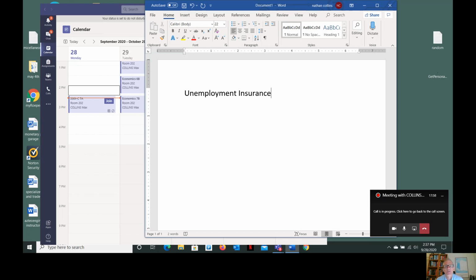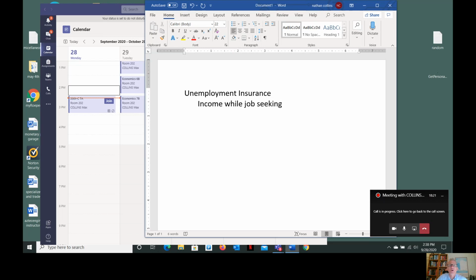This is a type of government transfer, an anti-poverty program that's really designed to provide help to people who have lost their jobs. More specifically, unemployment insurance amounts to income while job seeking.